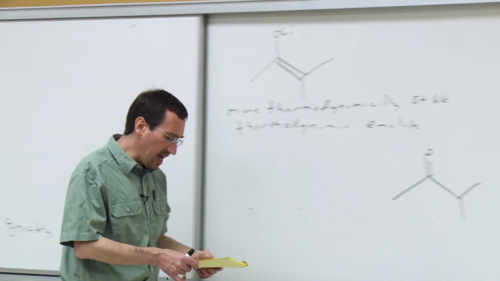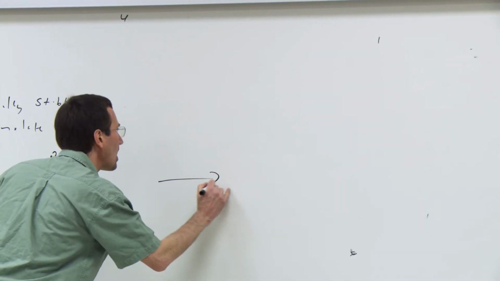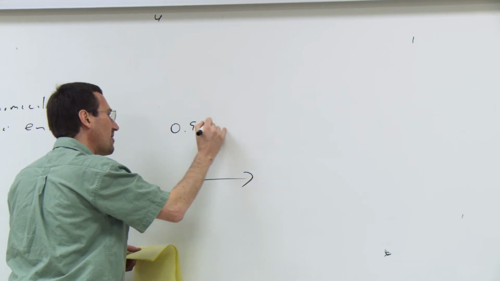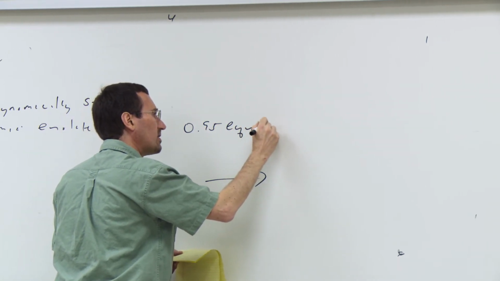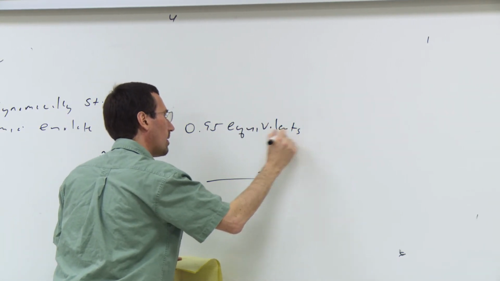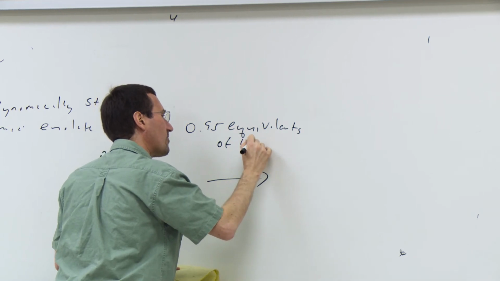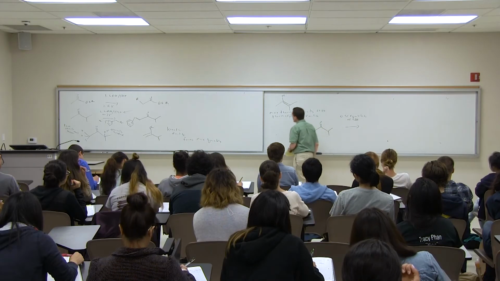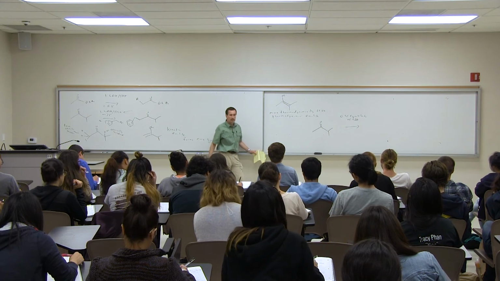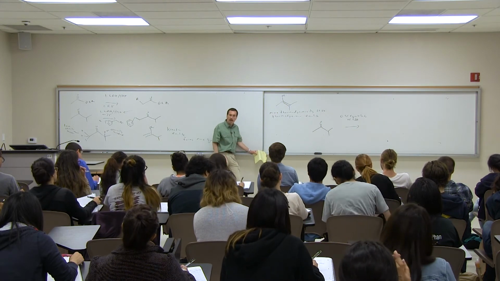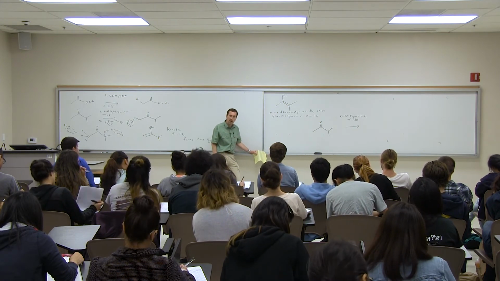But if I do the antithesis of this, if I go ahead and use 0.95 equivalents of LDA, for example, so there's always some ketone around, then the ketone can go ahead and exchange a proton with an enolate.